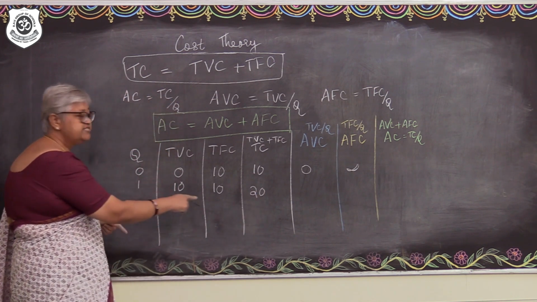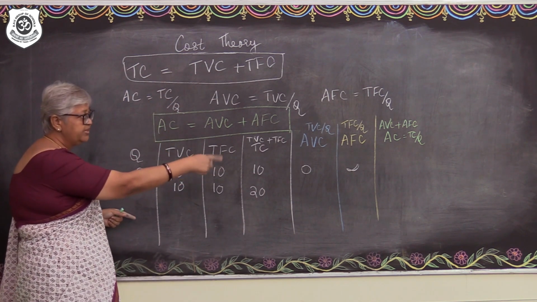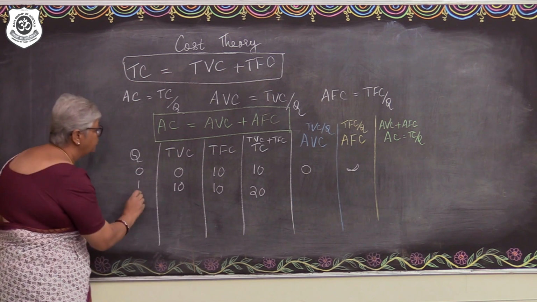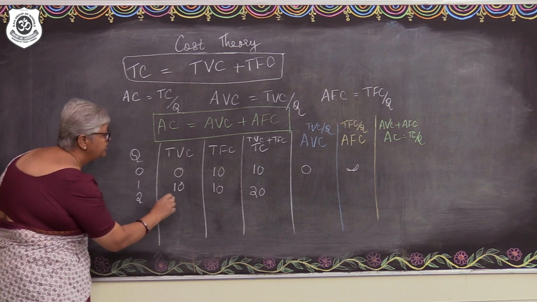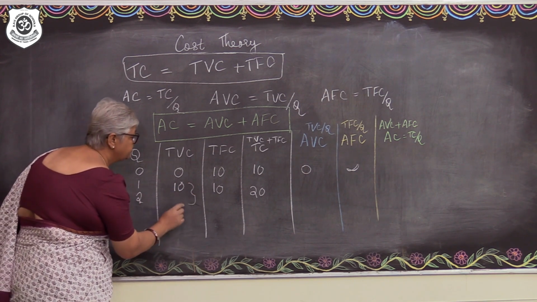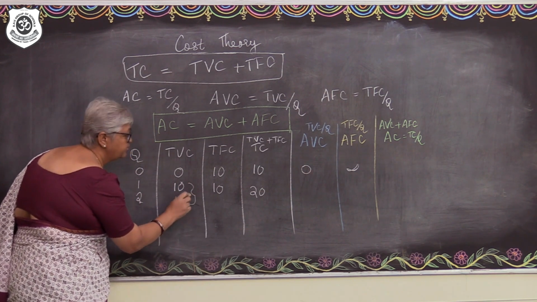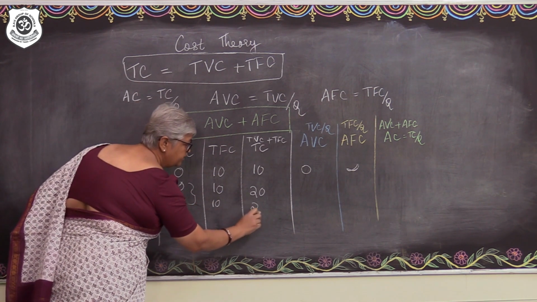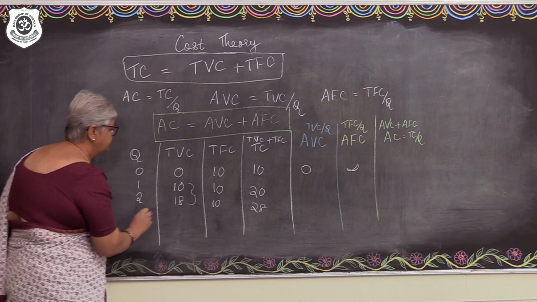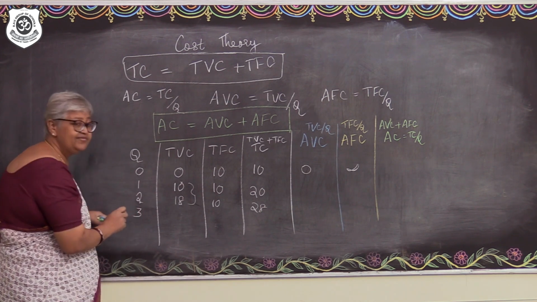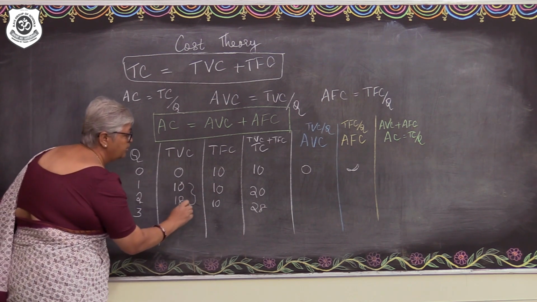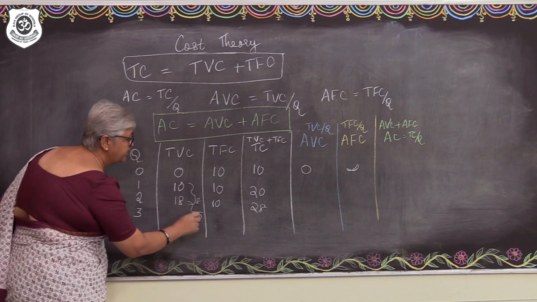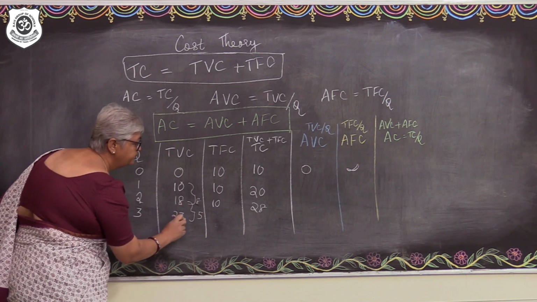Fine, so let's fill up these four columns and then we will move on subsequently to the behavior of the averages, shall we? Now, for the second unit of output, let us say the increase is going to be by 8, so that's going to be 18, and this is going to remain constant and this is going to be 28. Then to attain the next level of output, the total variable cost, let's say, is going to increase by 5 and say that's going to be 23.